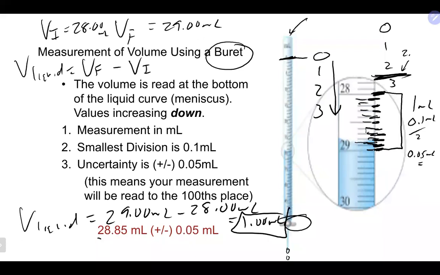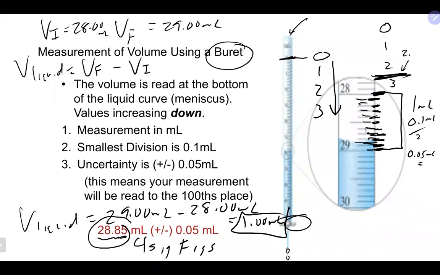So they recorded 28.8 as the certain numbers, with the last 5 being the estimated digit. And that gives us 28.85 milliliters, 4 significant figures in this particular case, with the 5 at the end being the estimated digit.